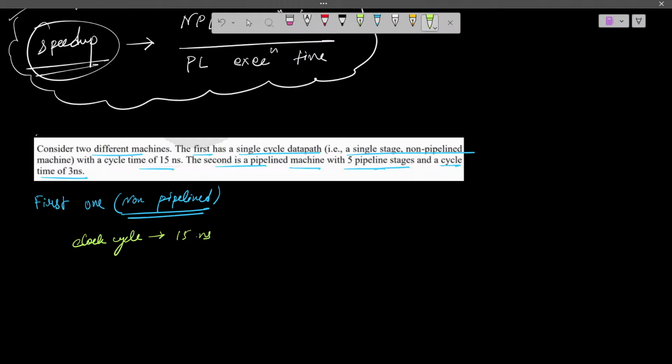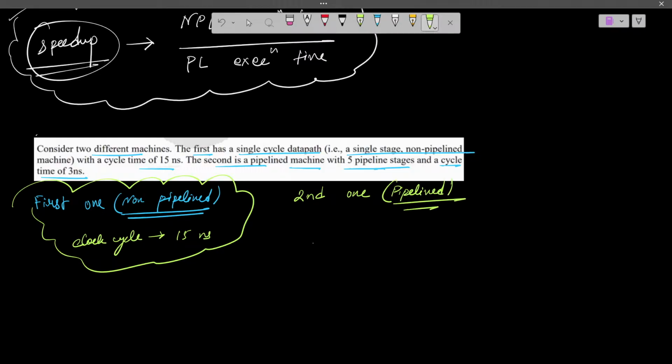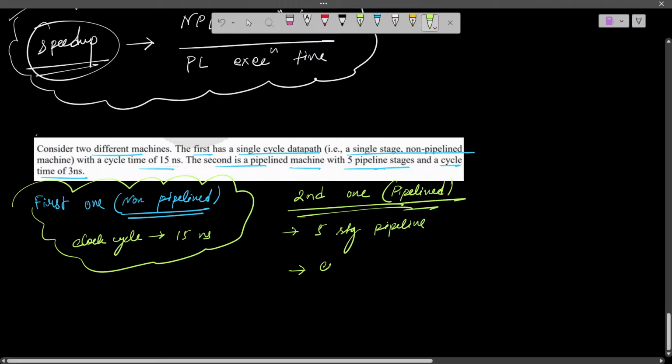This is for the first one, and for the second one it is mentioned that it is a pipeline one, and we have a 5-stage pipeline, and cycle time is 3 nanoseconds.